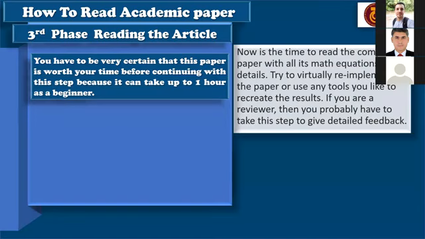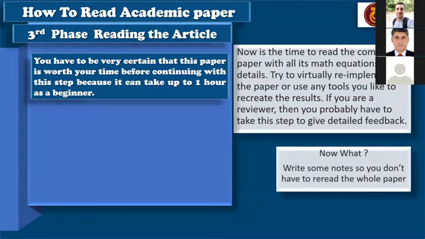Now is the time to read the complete paper with all its math equations and detail. Try to virtually implement the paper or use any tool you like to recreate the results. If you are a reviewer, then you probably have to take this step to give detailed feedback.